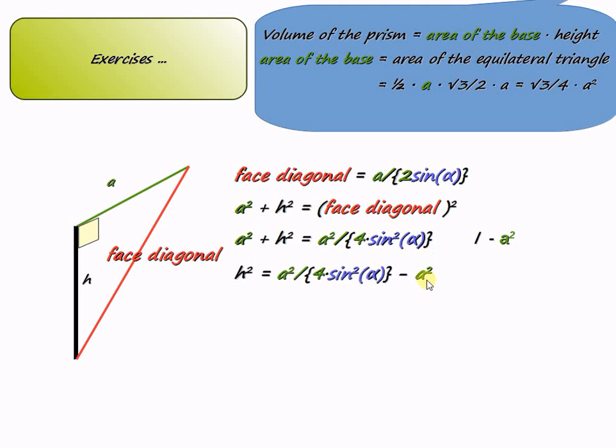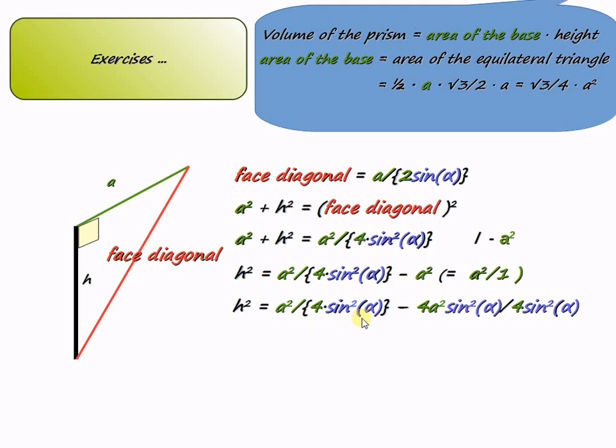After that we consider a squared as an improper fraction, and we build it by multiplying both numerator and denominator of our improper fraction by the denominator of the other fraction, so that we get a common denominator for both fractions.